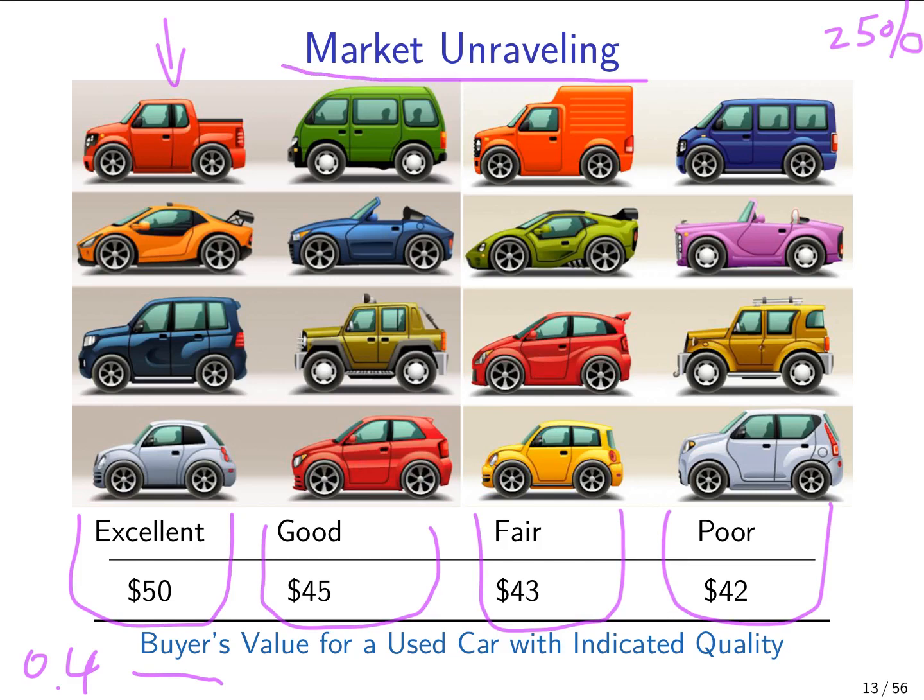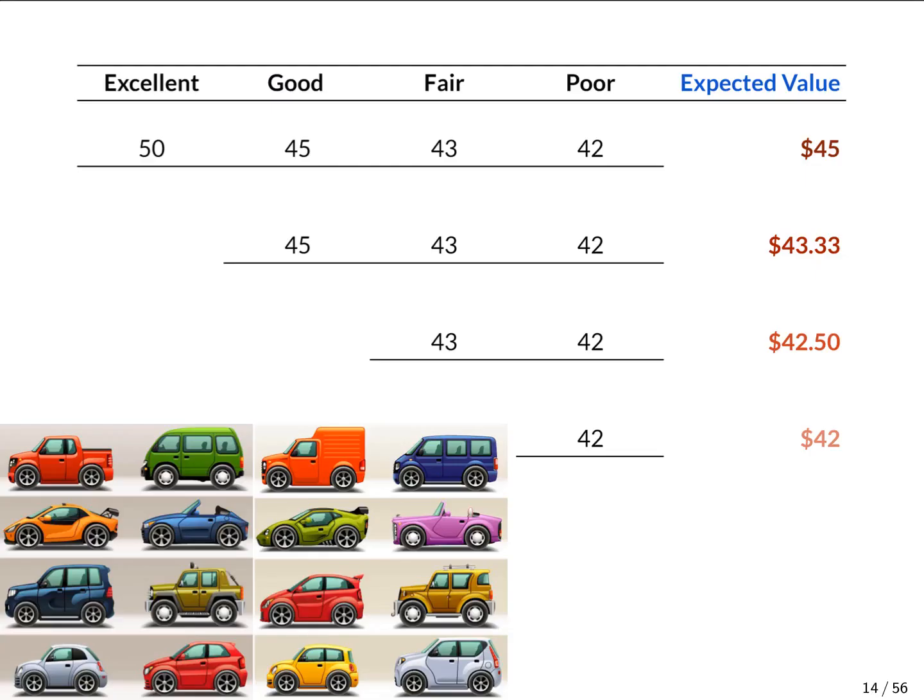Now, market unraveling. Essentially, the market collapses, and it gets into a death spiral. But again, the thing here is that they don't both know about the quality of the car. So imagine that at the beginning, a buyer, not knowing the quality of the car, except knowing that there are four quality levels, each accounting for 25% of the cars in the market.